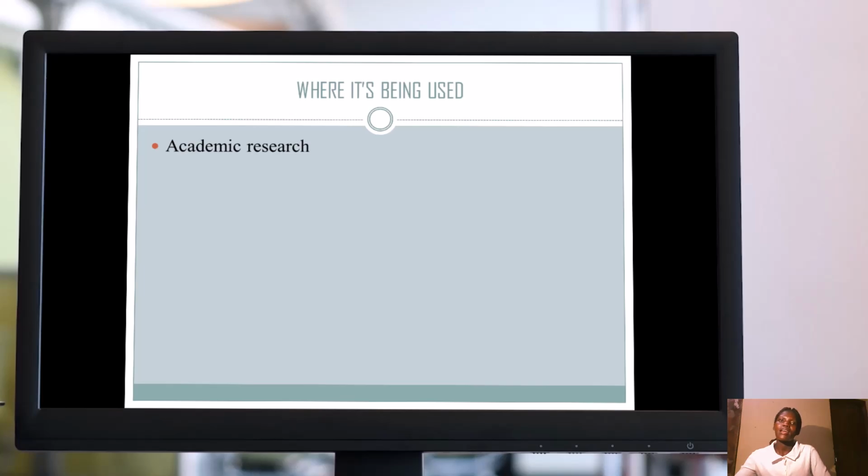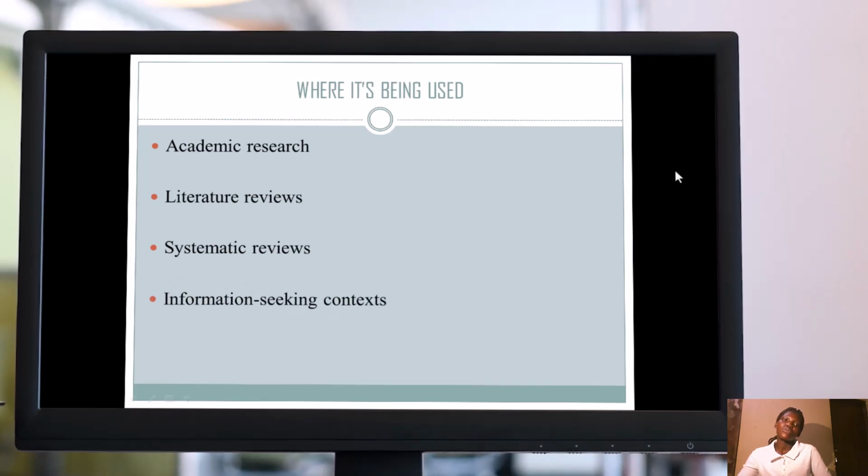Number one, we use it in academic research, like in the case of coursework in big institutions, medical institutions. Academic research is very important. We use search strategies. Then literature reviews, we also use them for people who want to get sources of information, as literature people can also access.